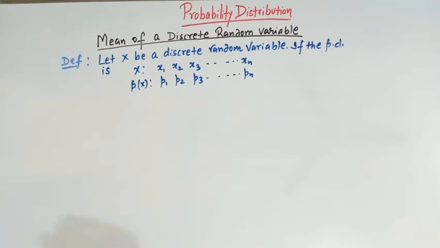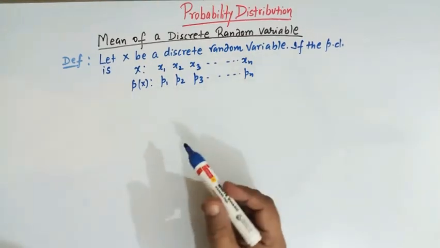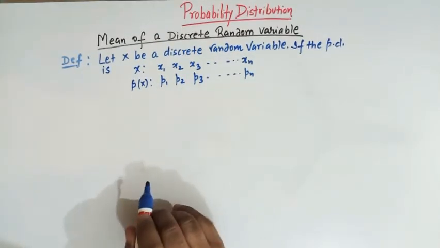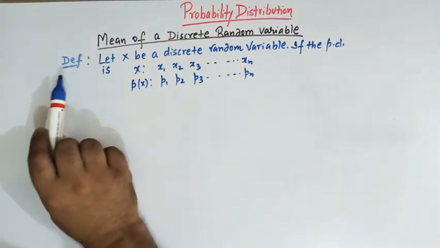So here we are going to take up the concept of mean of a discrete random variable, and let us take the definition.